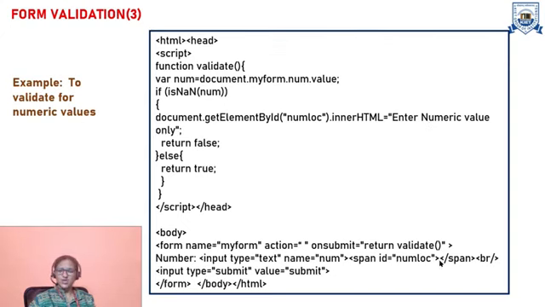So in this small piece of code whose id is numloc, this message will get printed: enter numeric values only. Return false means you can't do anything further till you correct it.